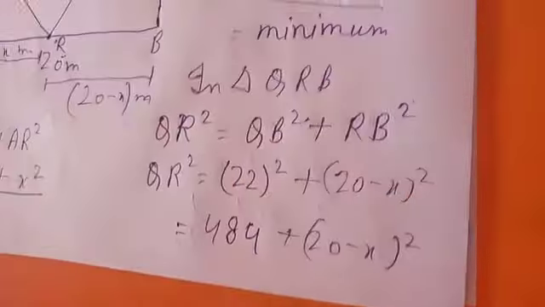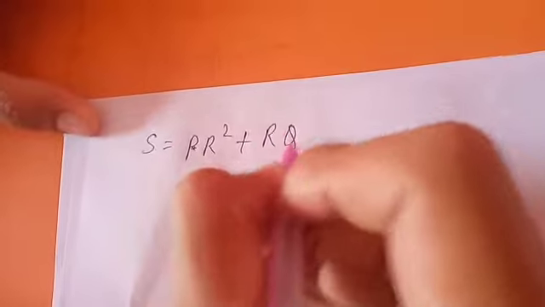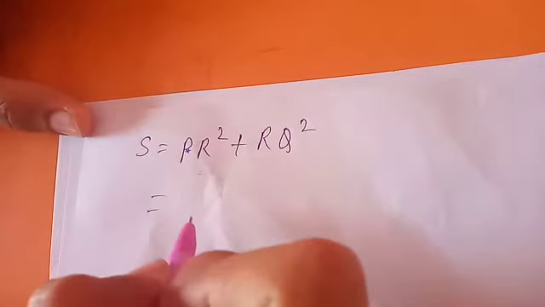So what will be our sum S? The sum S is, first of all, PR square plus QR square. What is the value of PR square?